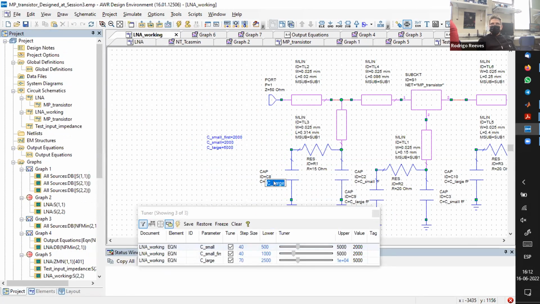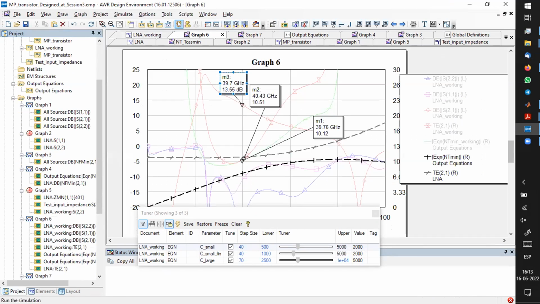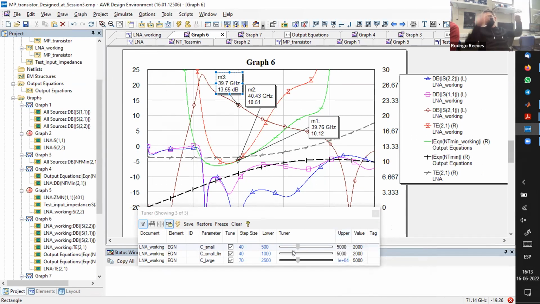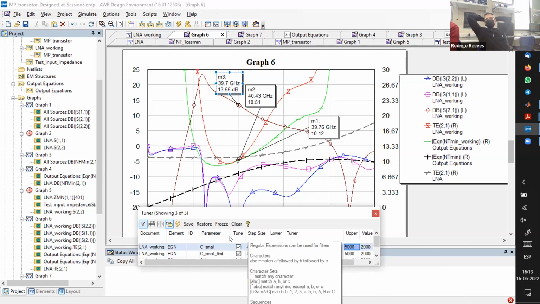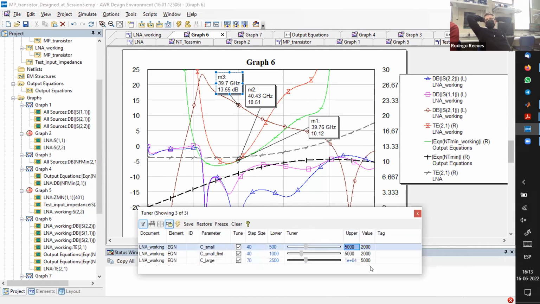So maybe 1.5 there, or the other one. So this is the first one.